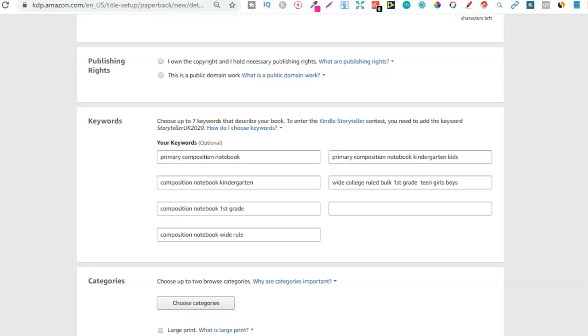Now, when it comes to keywords like this, people think there's some kind of magic combination which you put in your keywords and all of a sudden you'll start getting sales. It does not work like that. It all just comes down to using related search terms or related keywords, whether that's short keywords, long tail keywords.